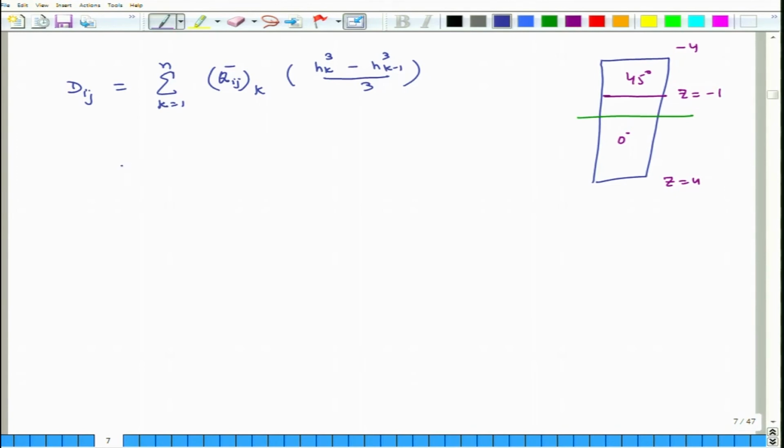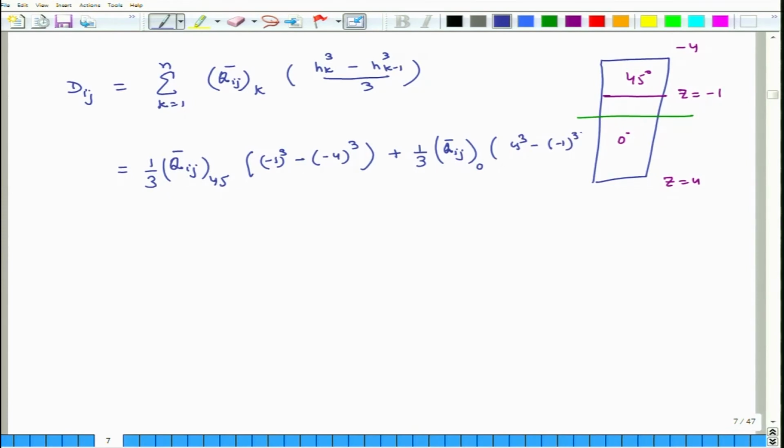So, if I expand this relation for a two layer system, I get Qij bar for the 45 degree layer times (minus 1 cube minus 4 cube) divided by 3, plus 1 by 3 Qij bar for the 0 degree layer times (4 cube minus 1 cube), since Hk for the 0 degree layer is 4 millimeters. So, what is this?